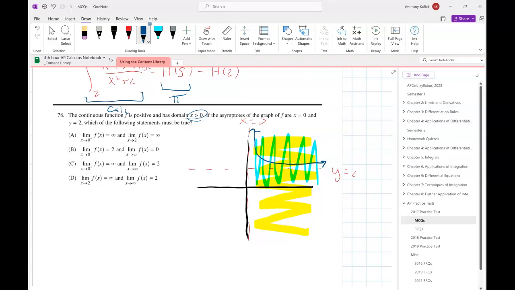Everybody cool? So if I look at this piece here, this says as x approaches 0 from the right, y is going to positive infinity. So I'm making sure, like this one's out because there's no x approaches 0 from the right. This one's out because x approaching 0 is not going to positive infinity. I eliminated two choices right away just by looking at the first arrow. This arrow, x approaches positive infinity, y approaches 2.